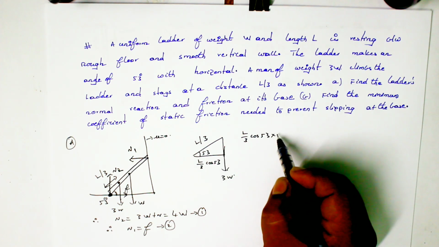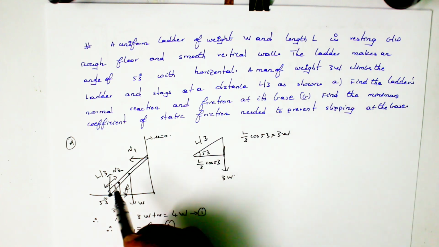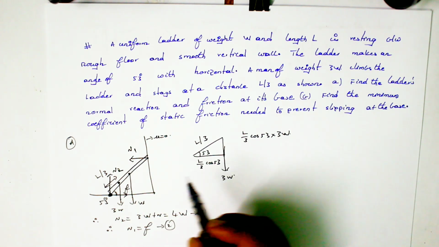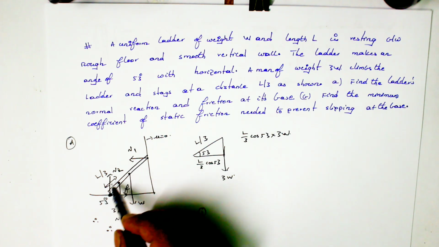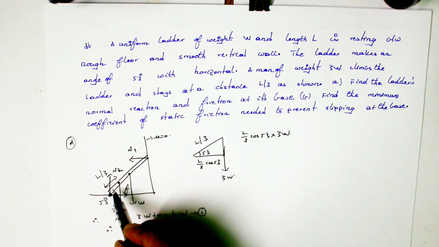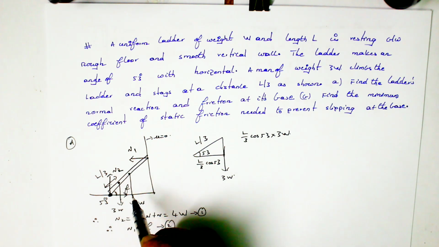Now if I consider the torque due to W, this W is again at a distance of L by 2, but if I take the component which is the perpendicular distance from the axis of rotation, then again it will be L by 2 cos 53.